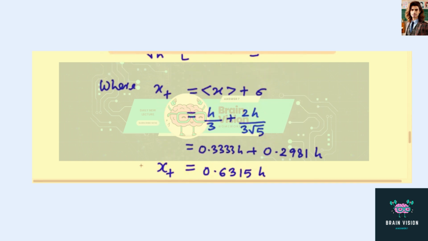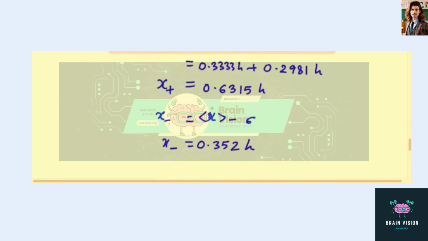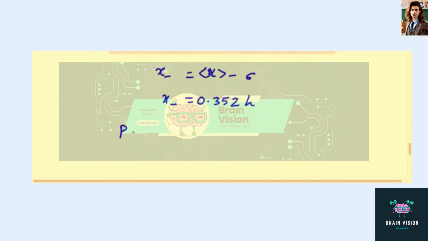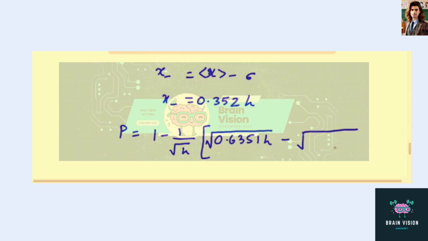Now put these values in this equation, that is, p is equal to 1 minus 1 upon square root of h, times the square root of 0.6351h minus the square root of 0.0352h.